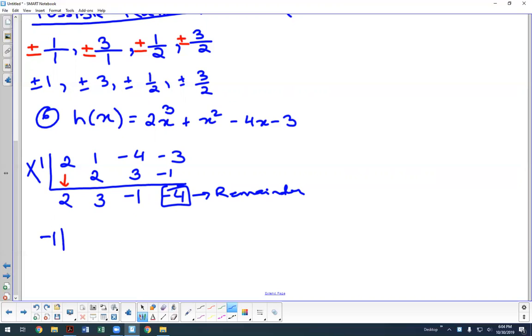So -1 will give us, again, 2, 1, -4, -3 from our polynomial. Bring the first term down as it is. And what kind of remainder do we get with this guy? 0. We do? Yep. Okay.